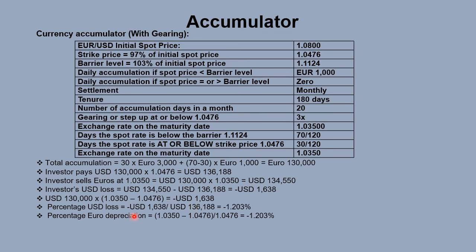In percentage terms, the USD loss is minus USD 1638 divided by USD 136,188, which is equal to minus 1.203%. This is because the percentage depreciation in the euro is 1.035 minus 1.0476 divided by 1.0476, which is minus 1.203%.